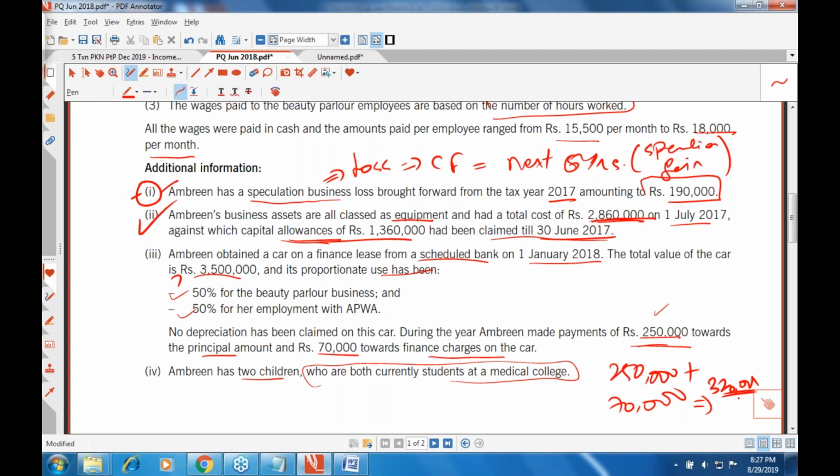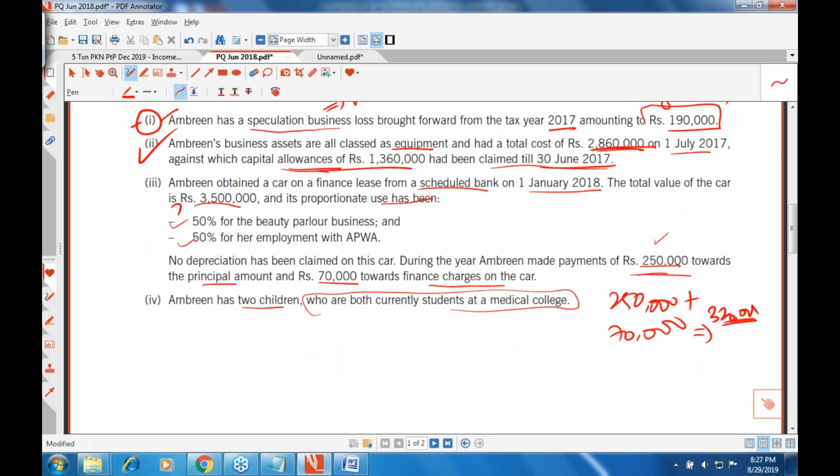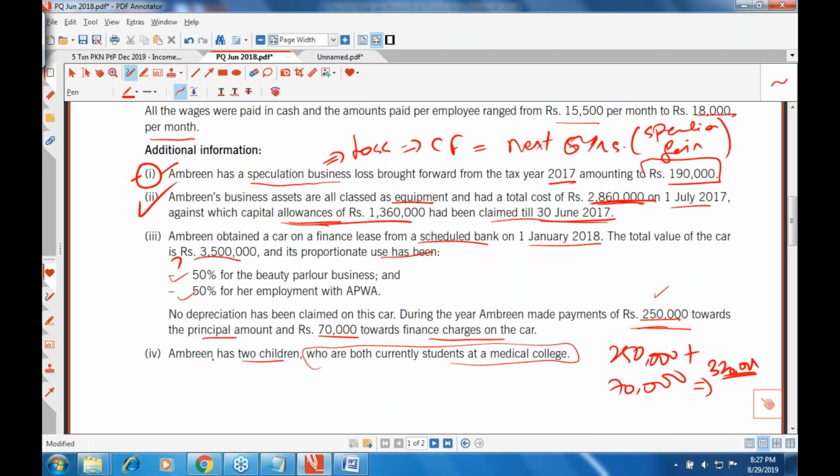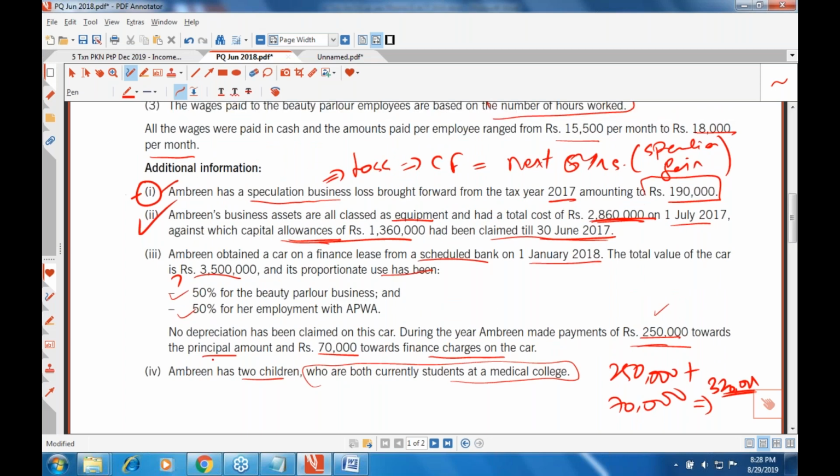Now let's see. It was obtained on 1st January 2018. The rental payment is basically 250,000 and 50% is used for business purposes.